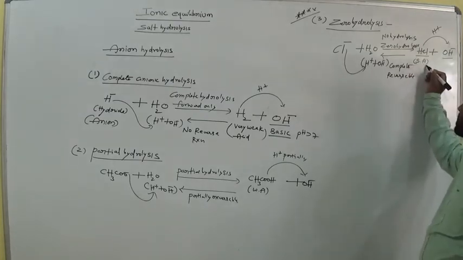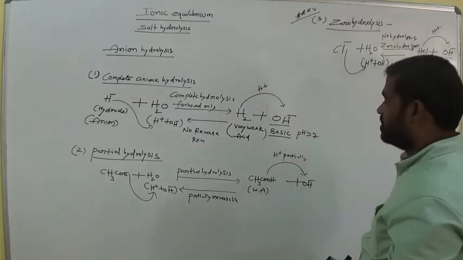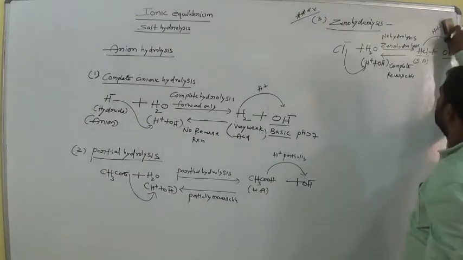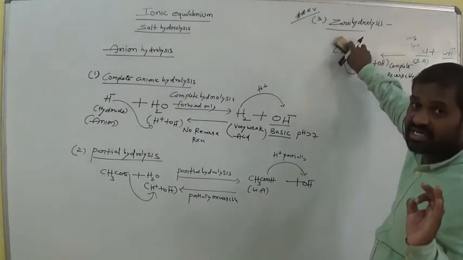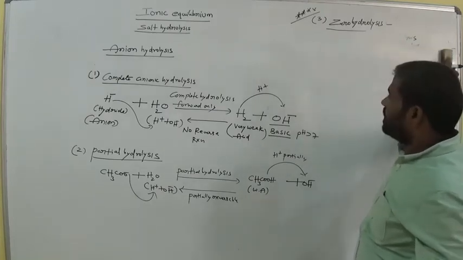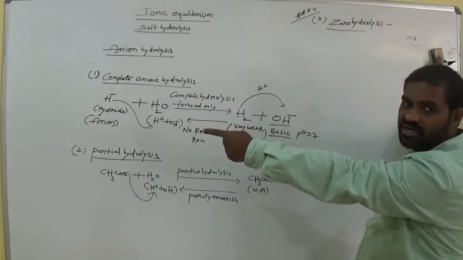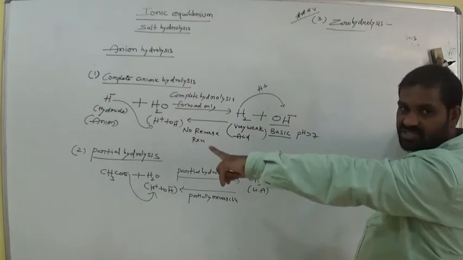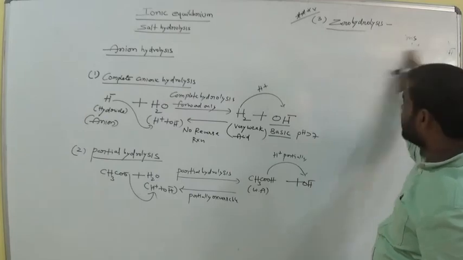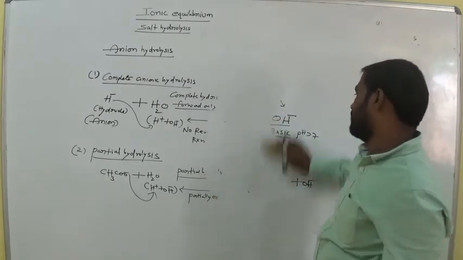Remember this point. In the case of strong nature, there is no hydrolysis, that is zero hydrolysis. In the cationic case, I explained with Na plus ion, which gives NaOH, a strong base, that is also zero hydrolysis. In the case of strong acid and strong base, there is no hydrolysis, very, very important.